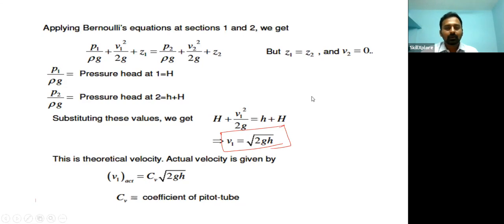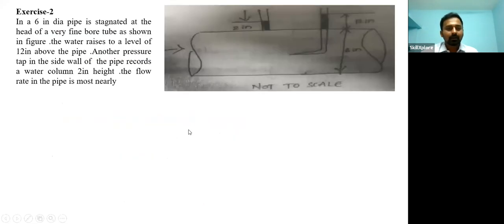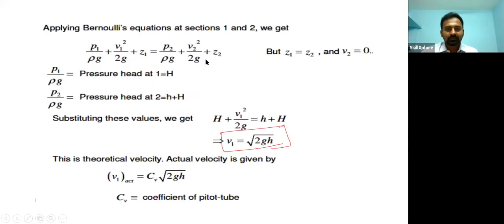Using this velocity, we are able to calculate the flow rate. Also, we are able to predict the momentum of the fluid which is flowing inside the tube. Okay, so these are the things which can be calculated here.